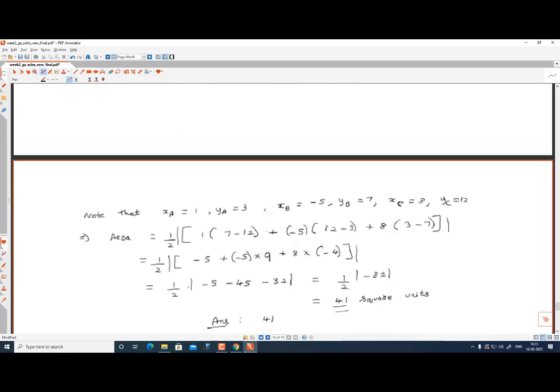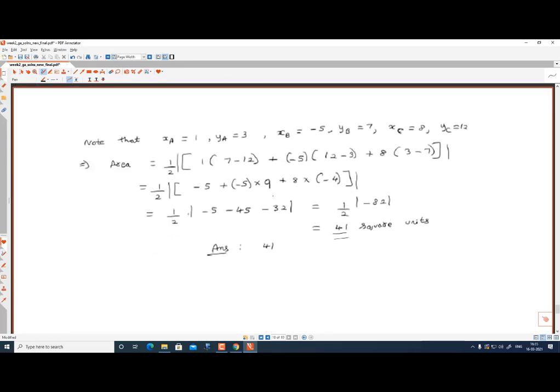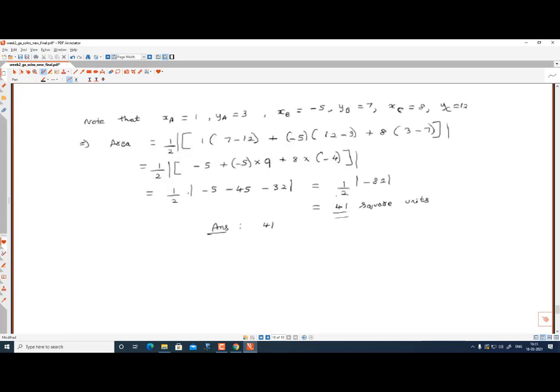So we quickly substitute the values of XA, YA, XB, YB, XC, YC. Then we can find the area. This expression reduces to half times the modulus of -82, which is 41 square units. So the area of the plot which you are interested to buy will be 41 square units.